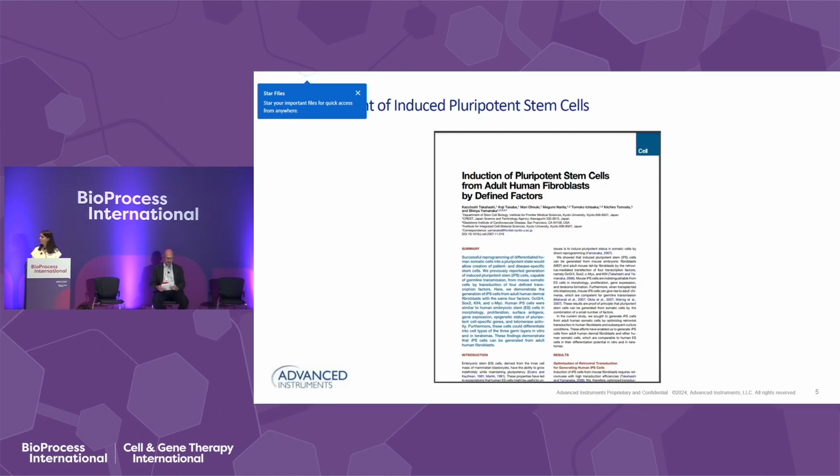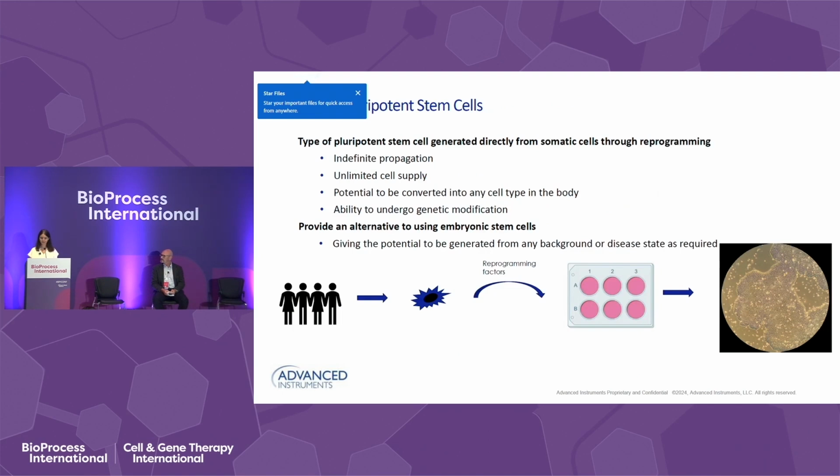The induced pluripotent stem cell technology was first established in 2006, based off the hypothesis that the genes which are important for embryonic stem cell function could also induce an embryonic state in adult cells. iPSCs are a type of pluripotent stem cell that can be generated directly from any somatic cell, such as skin fibroblasts or blood, using a reprogramming process.